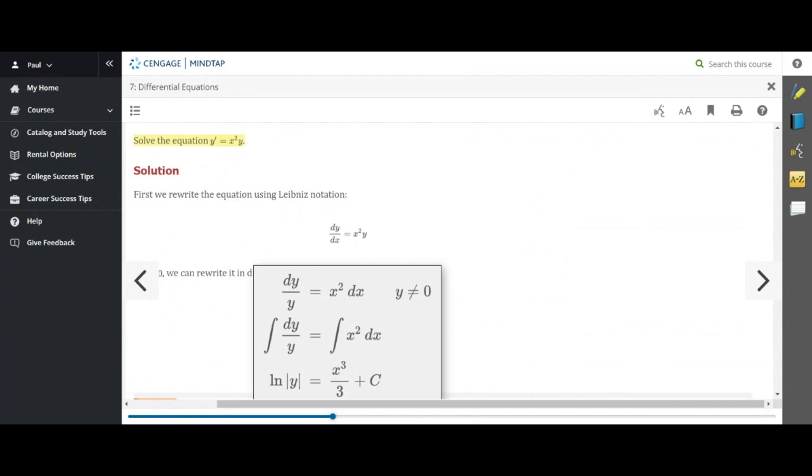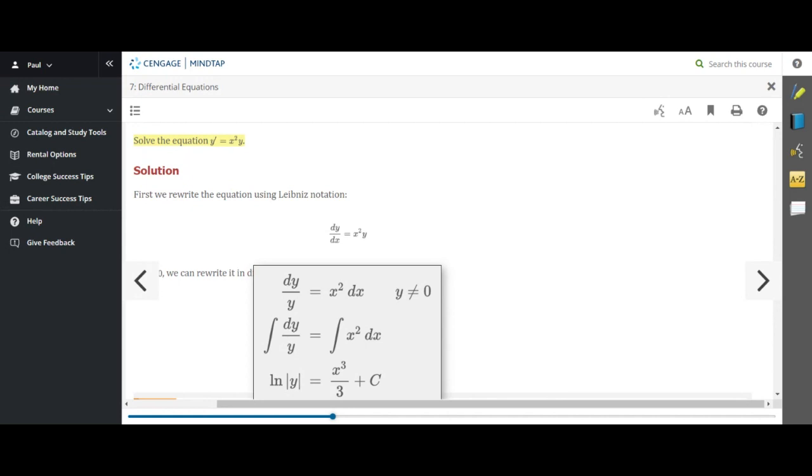Well, the antiderivative of 1 over y is the natural log of the absolute value of y. The antiderivative of x squared is x cubed over 3. And what they do is they just put a plus constant at the end. You don't have to go through the steps where you have a constant on each side when you do your integration, and then you combine the constants. It's okay just to mentally combine the constants and just have a plus C on the right side.